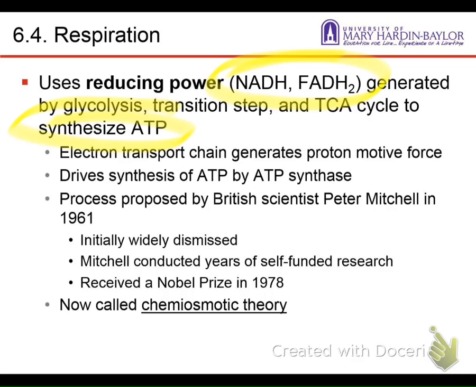We talked about that last time. They're being carried over to the electron transport chain. In this case, as we're talking about respiration, they're going to be used there to synthesize ATP. They're not used directly to synthesize ATP. It's indirect, but the electrons they carry are driving the systems that are able to run and produce ATP.